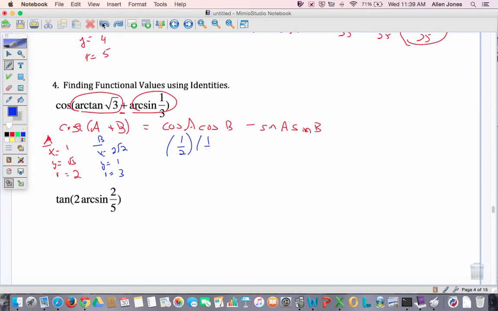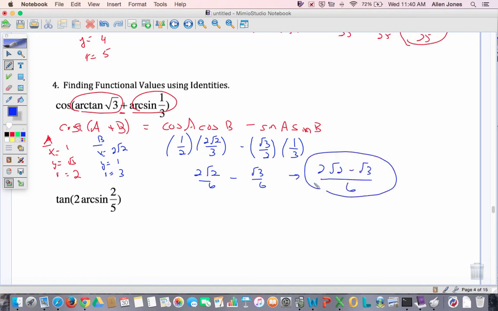And now I substitute in what we know. Cosine of angle A is 1/2. Sine of B is 1/3. Oops, try that again. I would put sine of B, not cosine of B. Cosine of B is 2 square root of 2 over 3, minus the sine of A, which is the square root of 3 over 2, and the sine of angle B, which is 1/3.